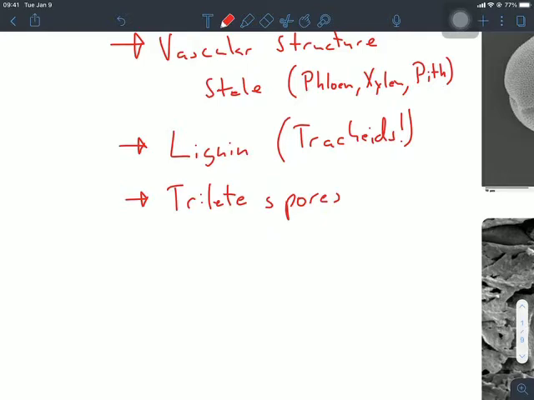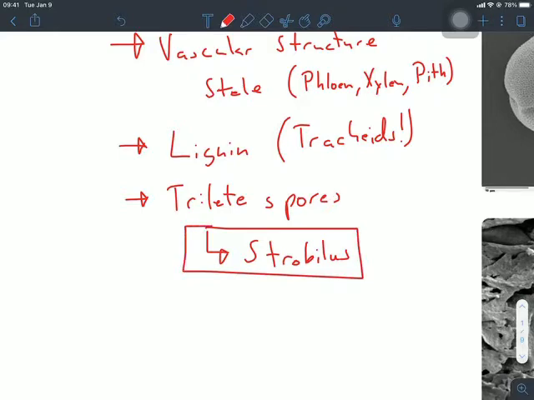And a structure that bears many spores is a combination of a leaf as well as a spore-bearing structure. We call this a strobilus. So we'll be looking at the strobili of various plants throughout evolutionary history.